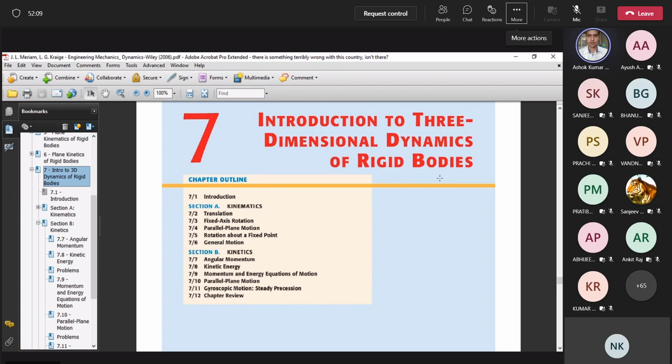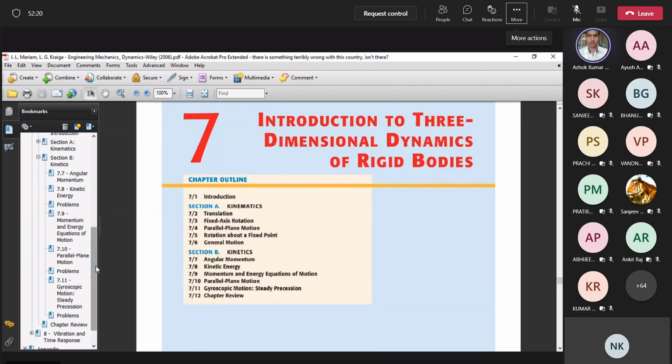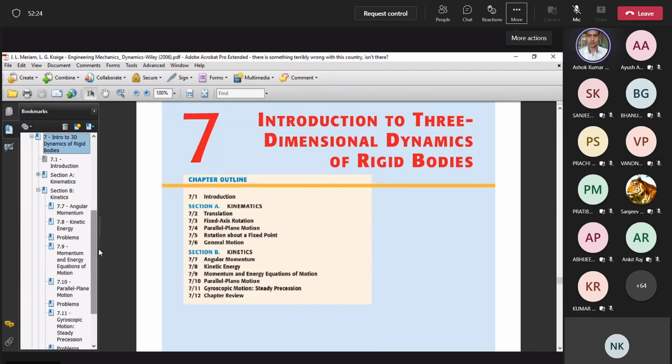Whatever I taught you in the last 4 or 5 classes are from this chapter. The presentation may not be exactly the same, but this way. So the problems given in this chapter, with the theory we have discussed in class, you must be able to solve all these problems.